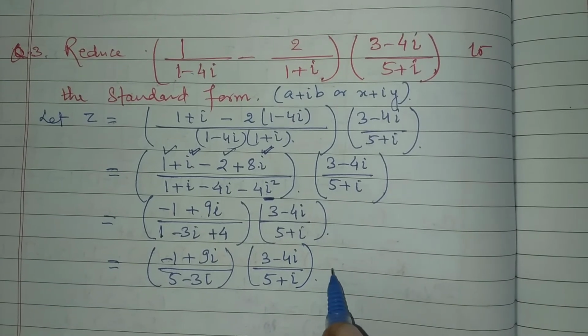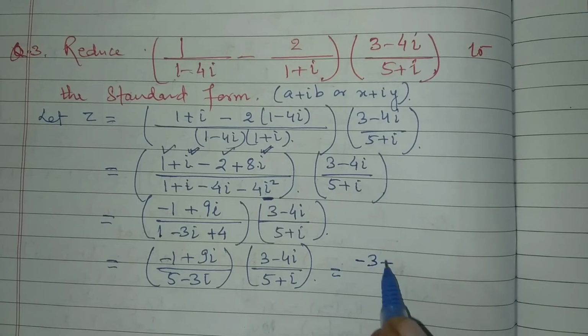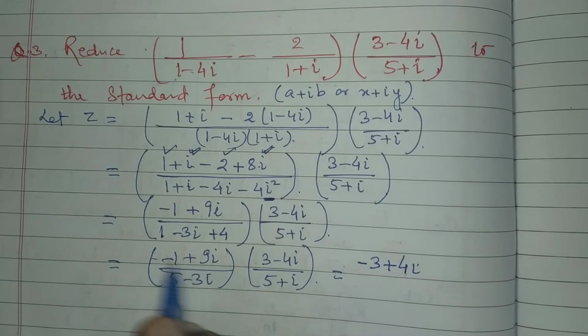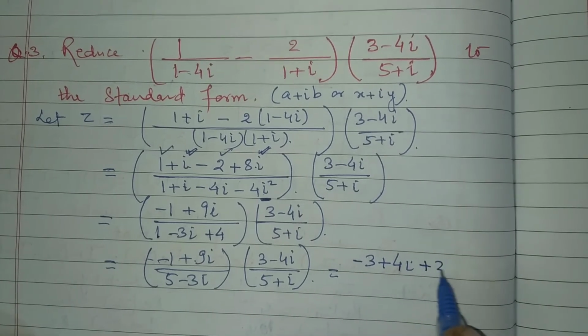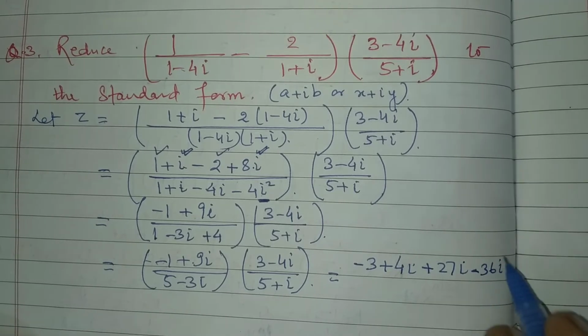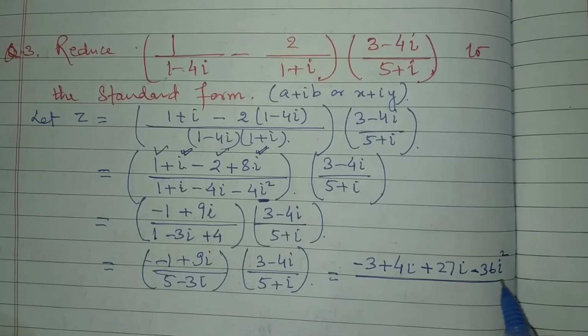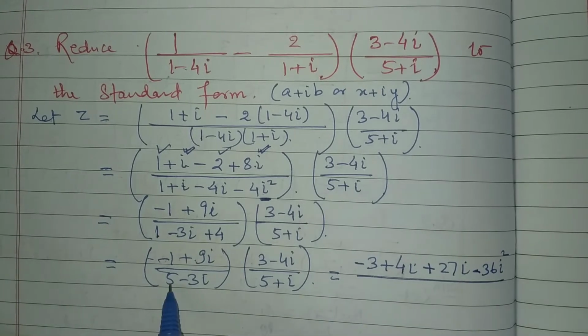So now here in the first numerator we have to multiply minus 3 plus 4i by minus 1, and then 27i, then minus 36 i square. I am generally saying i, it is the habit.